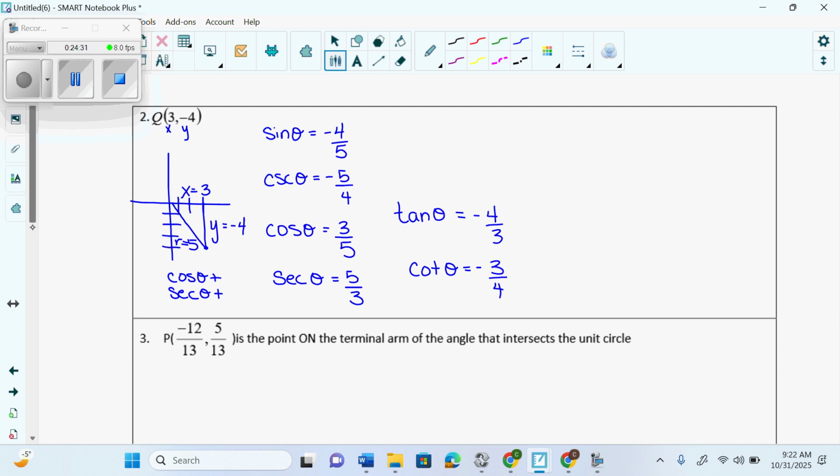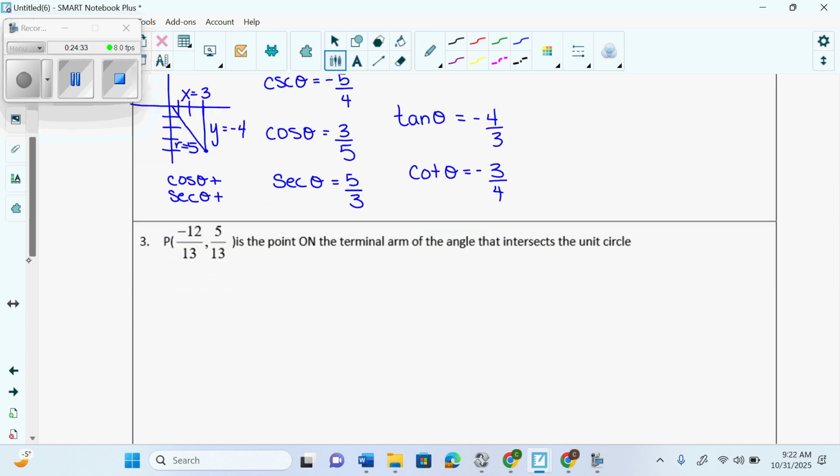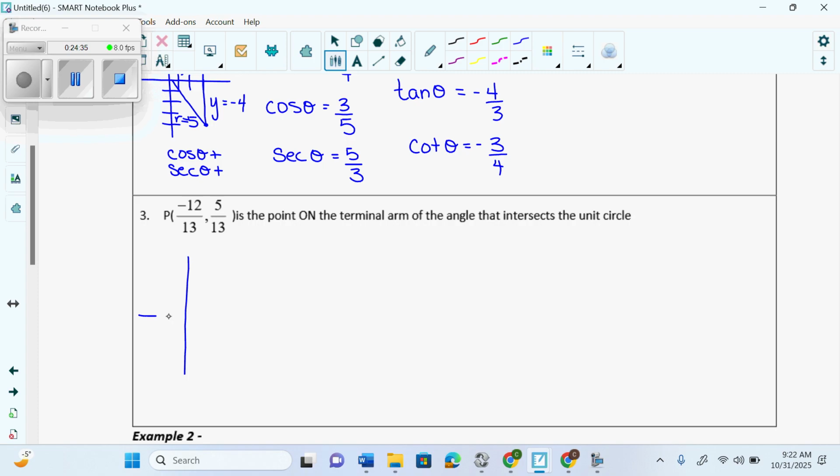Okay, this one, negative 12, 13, 5, 13. This is 1. This is 1. So you have x equals negative 12 over 13.